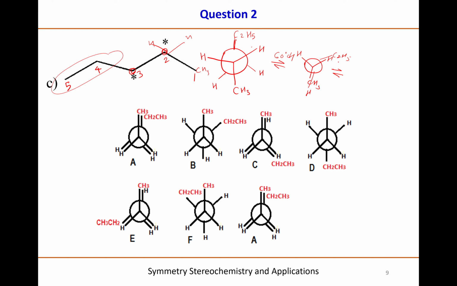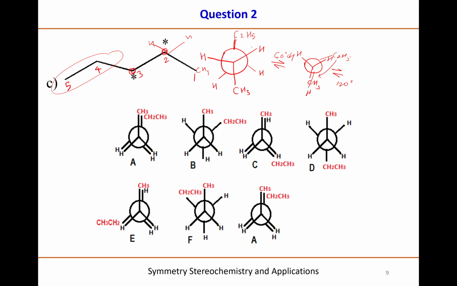then again rotation of this backside bond by 120 degrees. For eclipse confirmation, I am not showing the staggered one. For staggered, you have to rotate by 60 degrees. From eclipse to staggered or staggered to eclipse, always rotate one carbon by 60 degrees. But if you want to convert staggered to staggered or eclipse to eclipse form, then the rotation should be of 120 degrees.